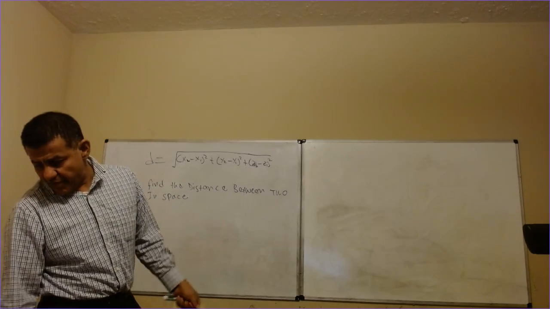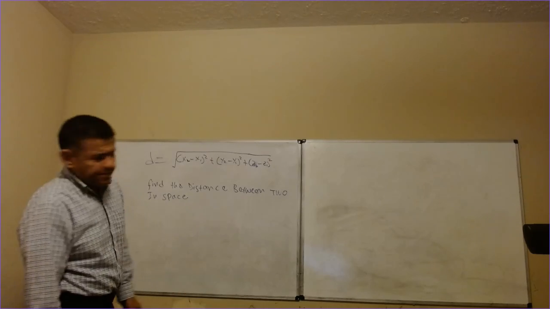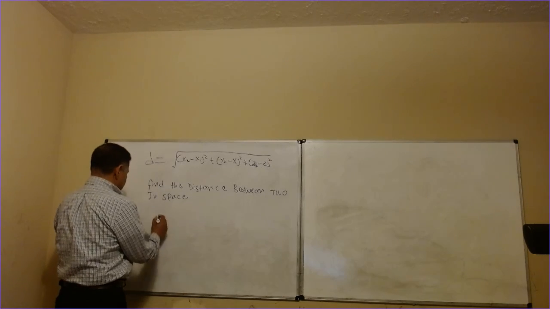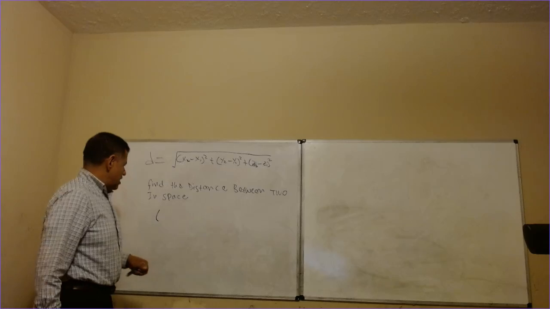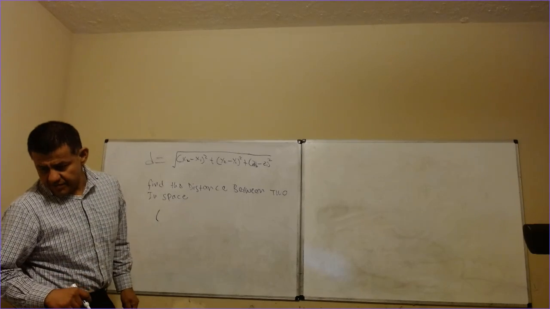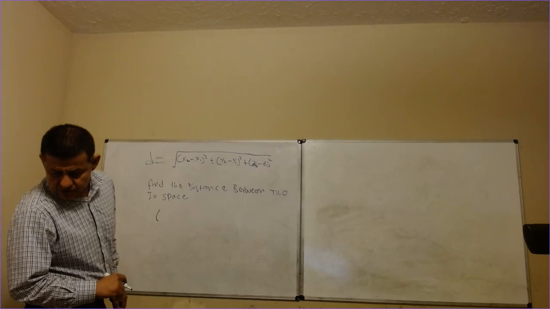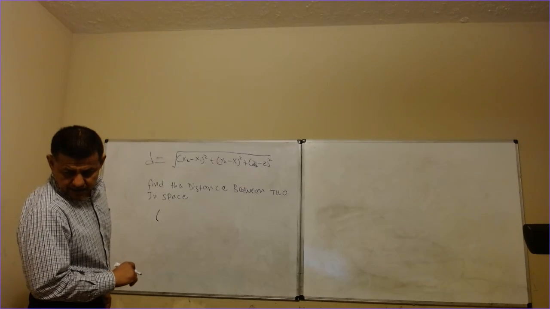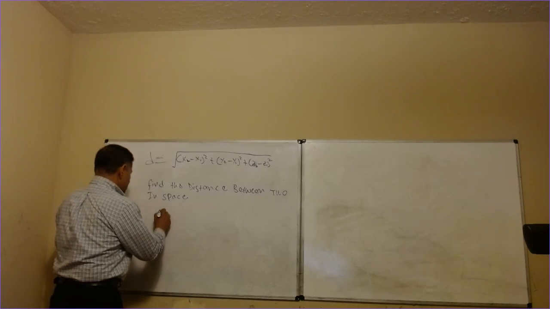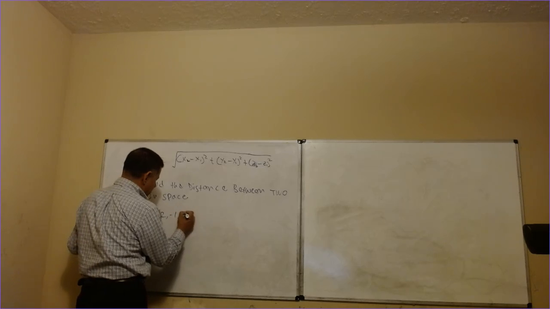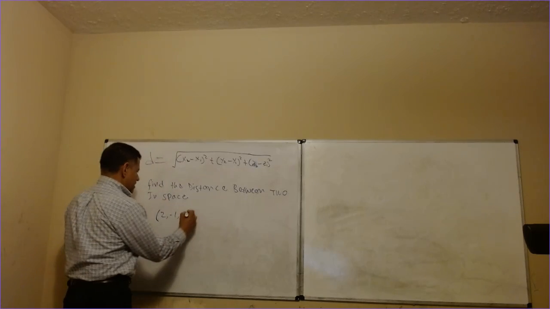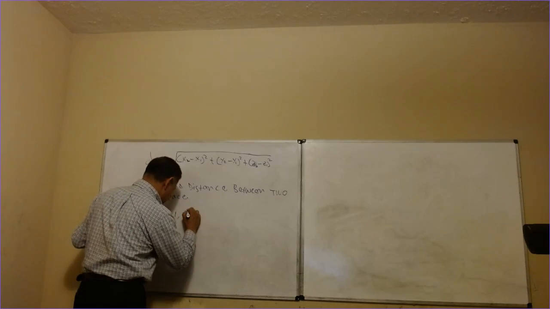Let's say they give us an initial point, and usually the initial point is the first one that shows up. So let's say it is 2 comma negative 1 comma 3. That is the initial point.